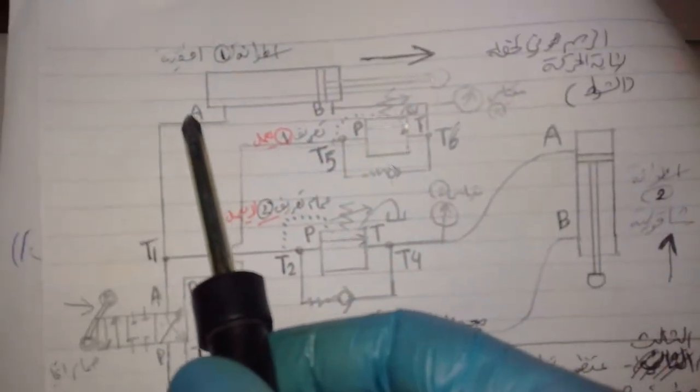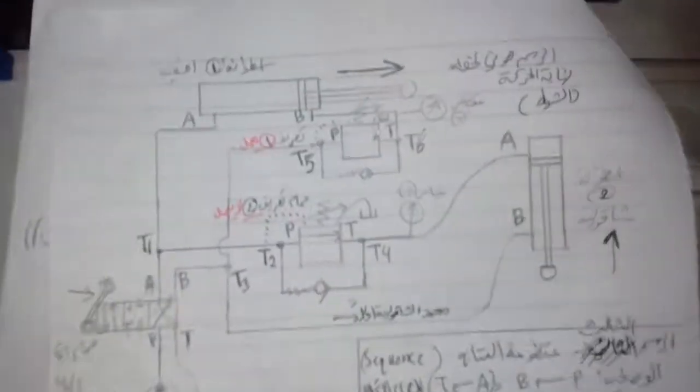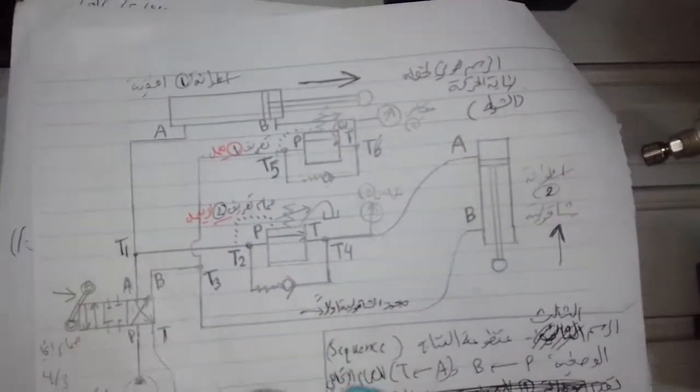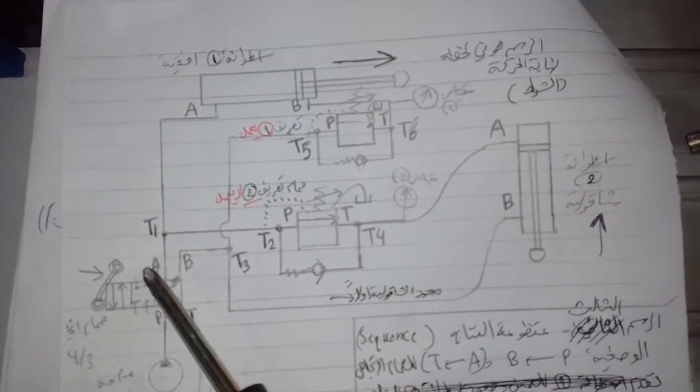Then the flow would go through A to T1 to A, then to T, then to the tank. Now we achieve two operations by one push for the directional valve. Let's operate the exercise.